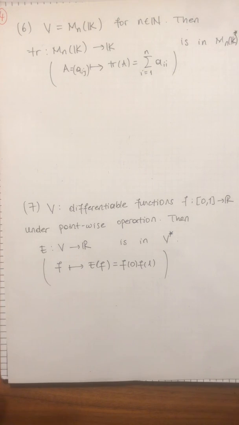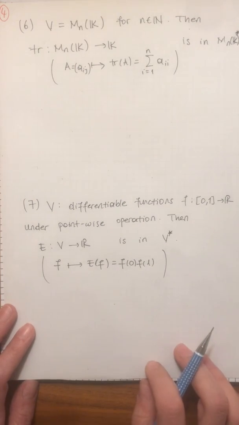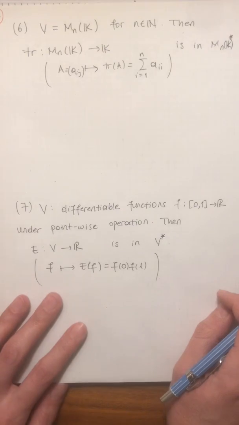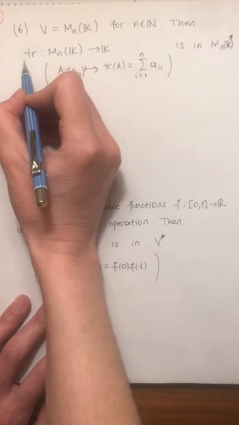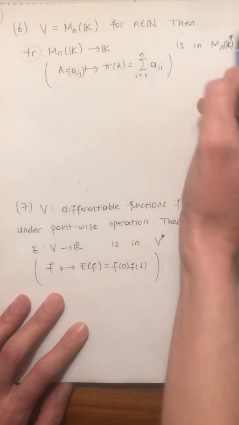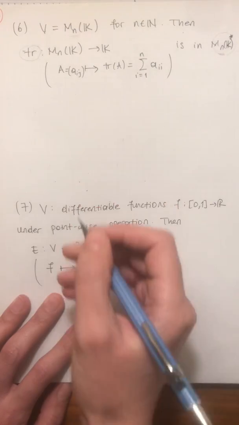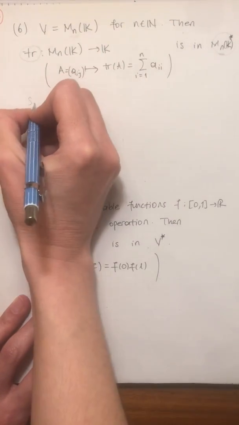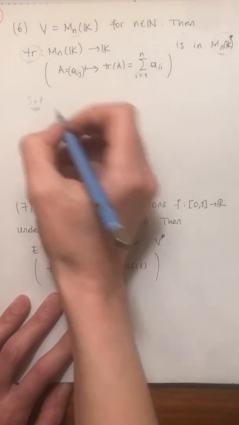In the last two questions, we have two different vector spaces. In the first one, our vector space is the n by n matrices over K. And we want to see that this map, this transformation, lies in the dual space of this vector space. What is the definition of this map?